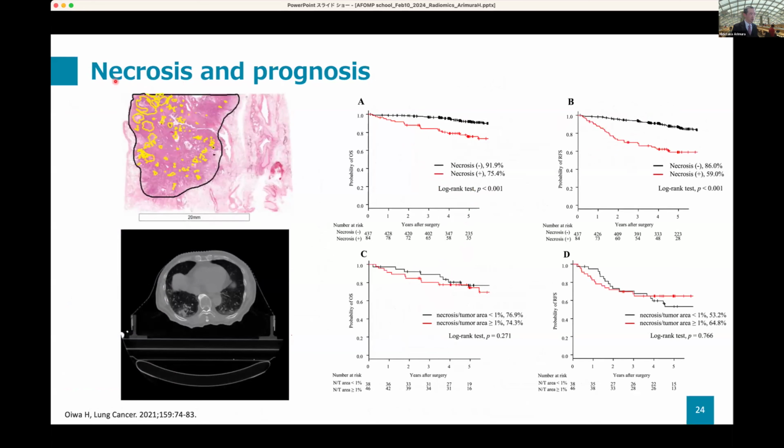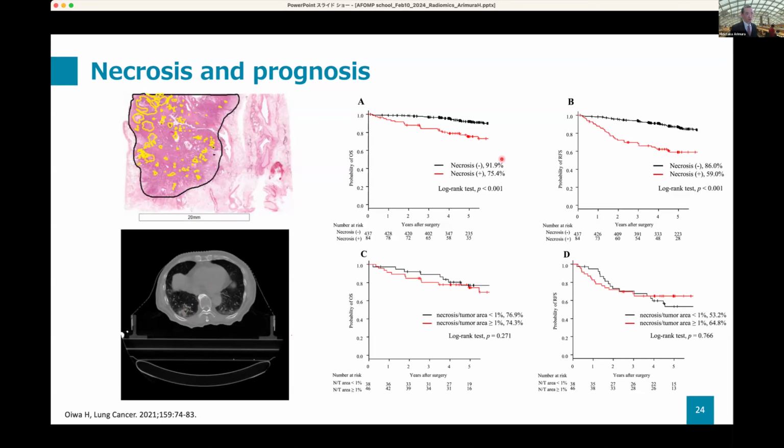The second evidence is necrosis and prognosis. Here are necrosis regions contoured by a yellow line, and you can notice holes within the cancer region. This is a lung cancer region, and this region may be necrosis.